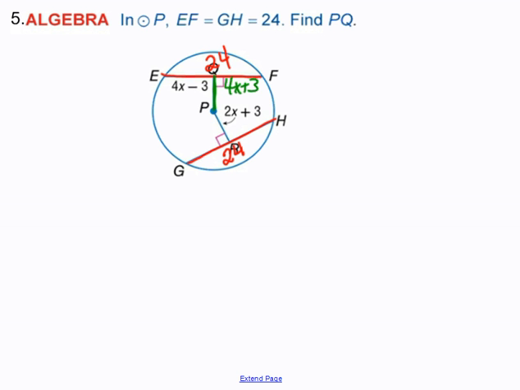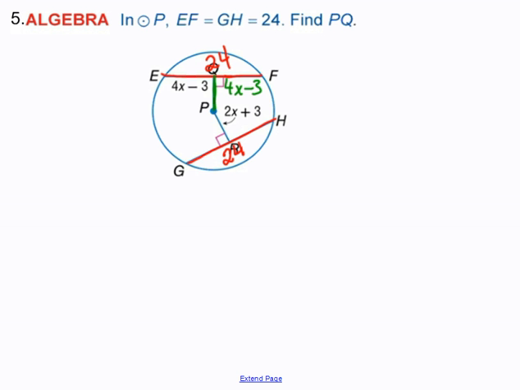So 4x minus 3 plus 4x minus 3 is going to equal 24, because that's what I have right here on that chord.